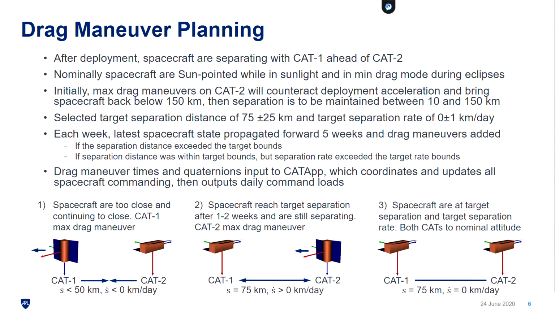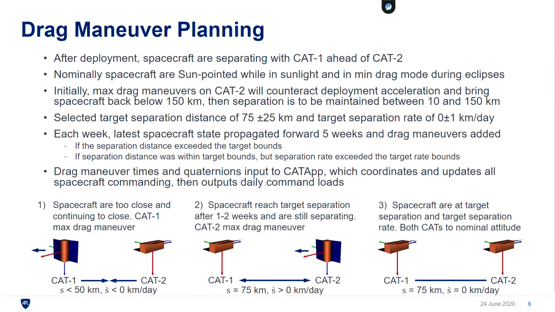Next, I'll go over how we initially planned drag maneuvers. After deployment, the spacecraft are separating with CAT-1 ahead of CAT-2, and nominally the spacecraft are sun-pointed while in sunlight and in minimum drag mode while in eclipse, so as to prolong lifetime.